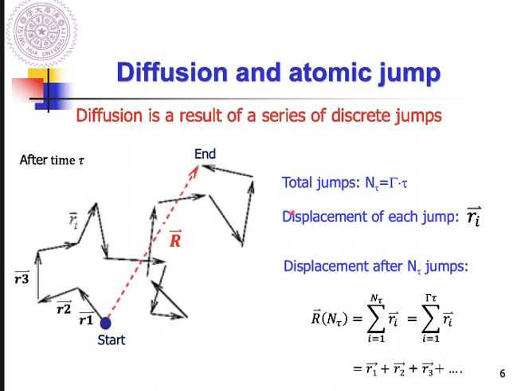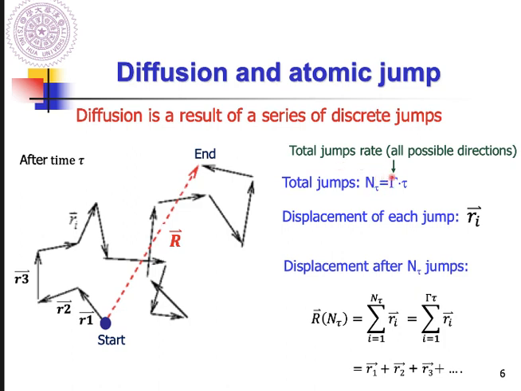So now we need to define some terms. Total jumps during this diffusion: the total number of jumps n tau equals gamma, the jump rate, times time tau. This total jump rate is gamma instead of gamma prime.